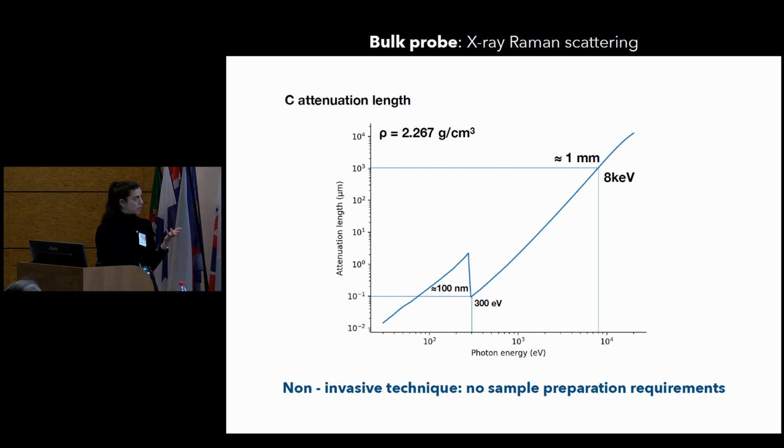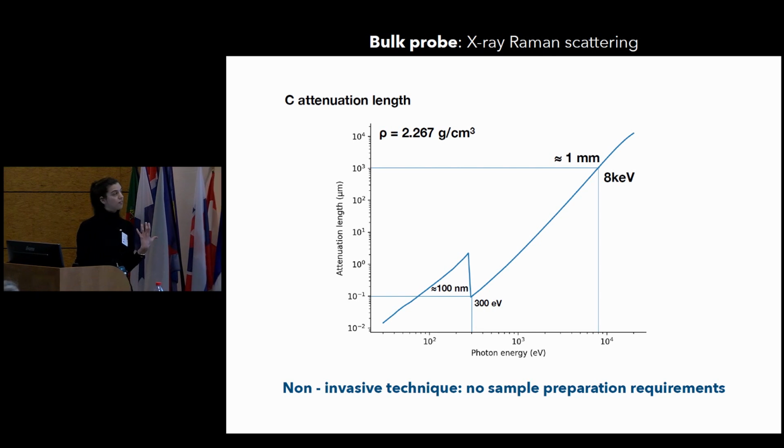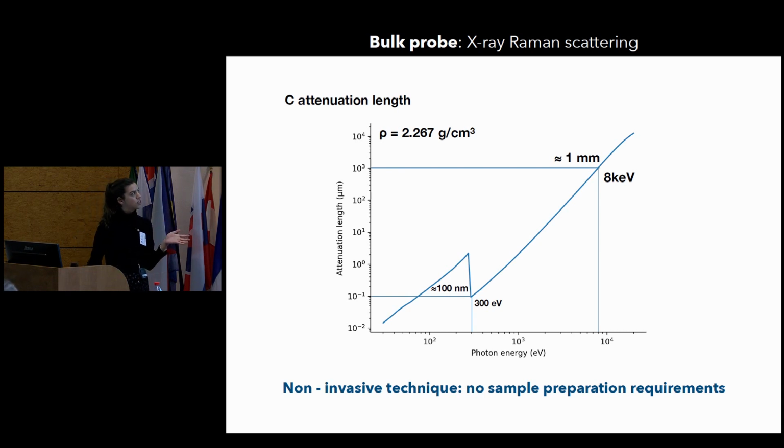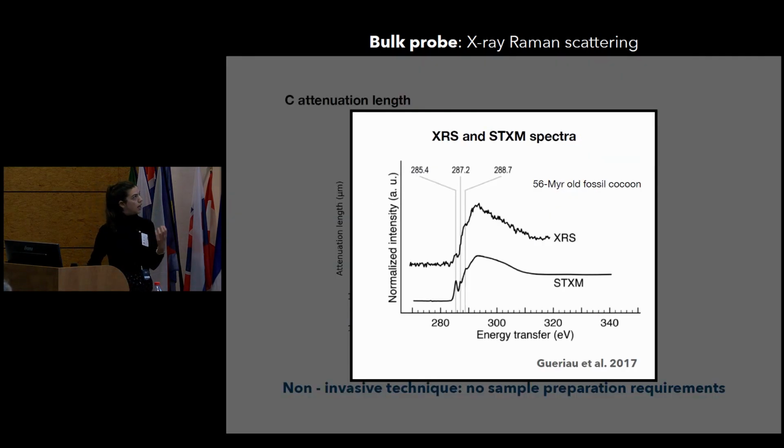And indeed, we can use X-ray Raman scattering as a bulk probe to get the same kind of information as STXM. X-ray Raman scattering works at an incident energy from 6 keV to 10 keV. That means we have a penetration depth of more or less 1 millimeter in carbon-based samples, and we obtain a spectrum that is comparable with STXM.